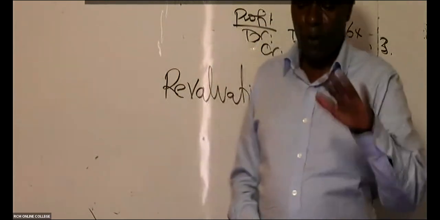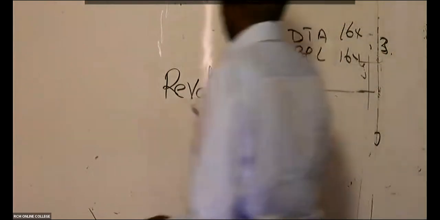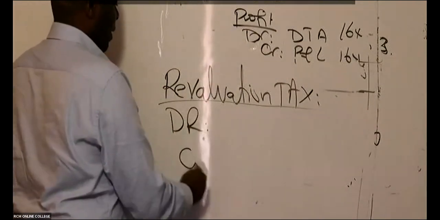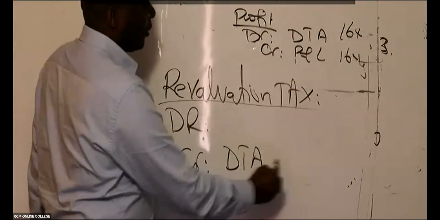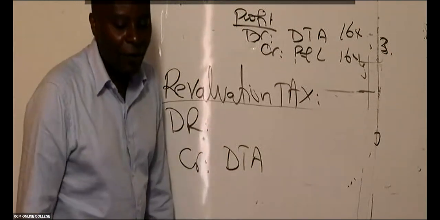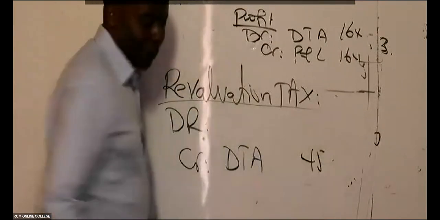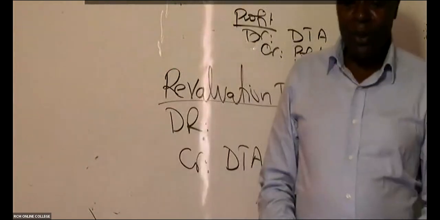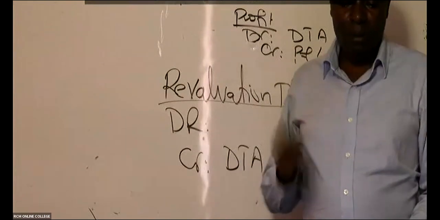All right. So before I answer the other questions, ladies and gentlemen, come here. So revaluation tax. Debit. Credit. So here I'm crediting the deferred tax account. Was it 45? No, Dominic, you are cheating me. I can't debit tax on PPE, really.